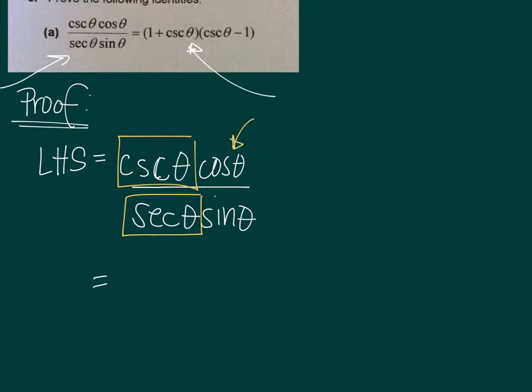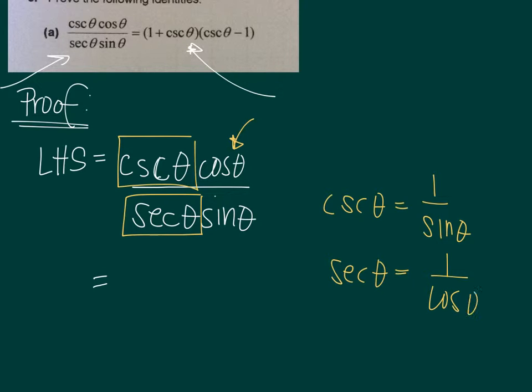Now do not touch cosine and sine anymore because they are already expressed as cosine and sine. Okay, so you have to recall certain identities, like what is cosecant theta equal to? We know that this is 1 over sine theta. Secant theta is 1 over cosine theta.